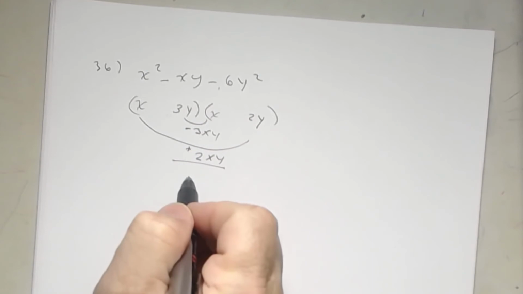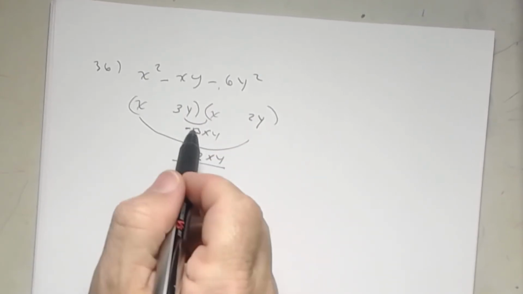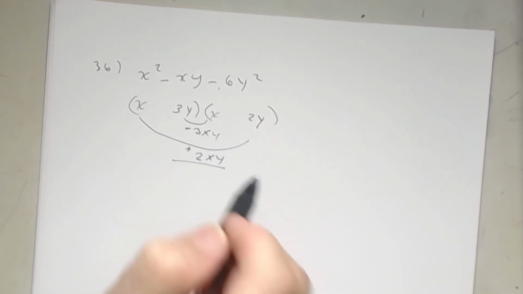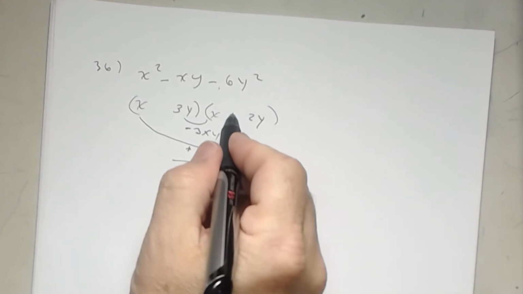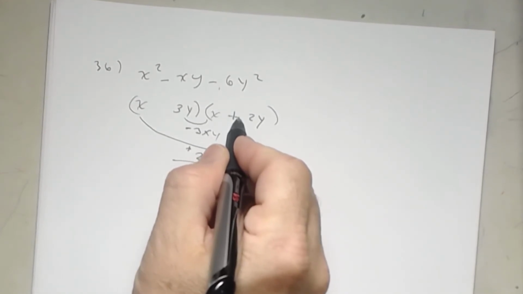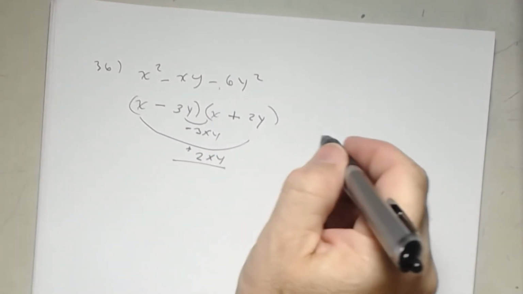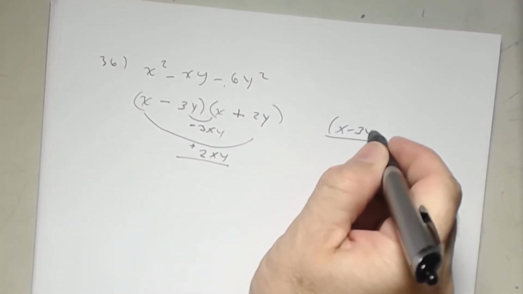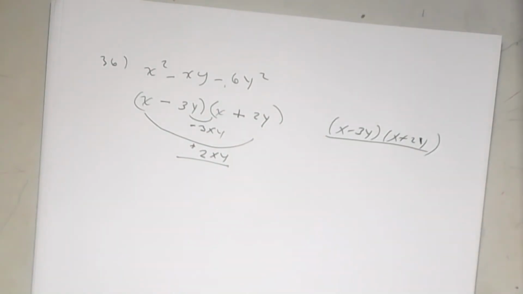When I add them up, a negative 3 and a positive 2 is negative 1, which is what you wanted. So my outer and inner are correct, I just have to put the right signs. The outer is positive, so this has to be plus, and this has to be negative. So there's your answer: x minus 3y times x plus 2y.